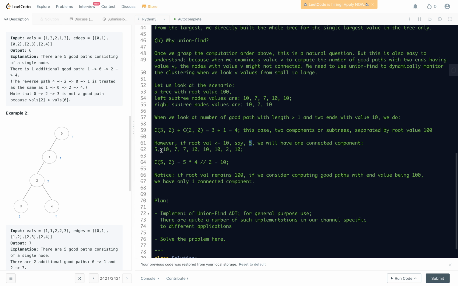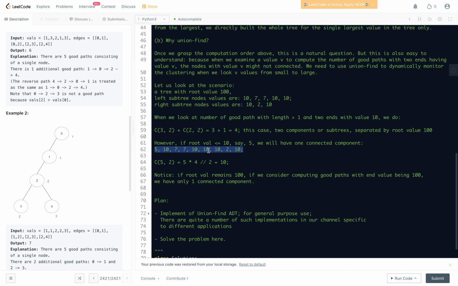However, if the root value is less than or equal to 10, for example, let's say 5, then actually the 2 components are merged, right? So we have 5, that's the root, and then the left subtree and the right subtree. So in this case, how many good paths of length greater than 1 with 2 ends value being 10?